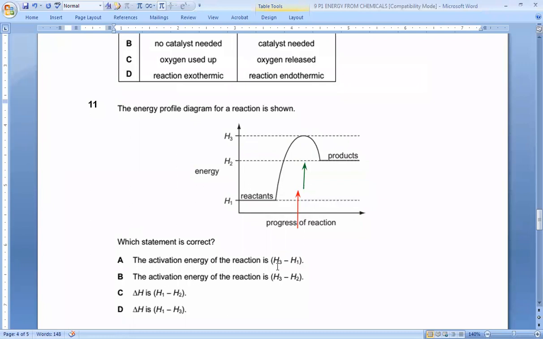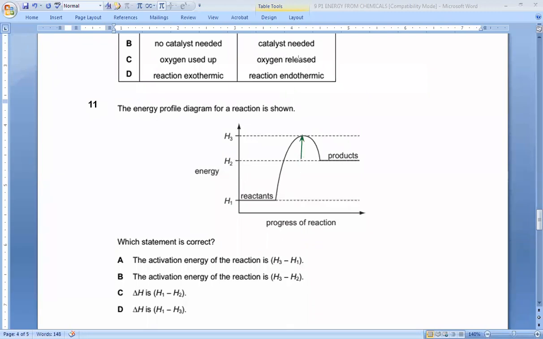Activation energy of the reaction is H3 minus H1. Activation energy of the reaction is H3 minus H2. Now we have to draw our arrows again.